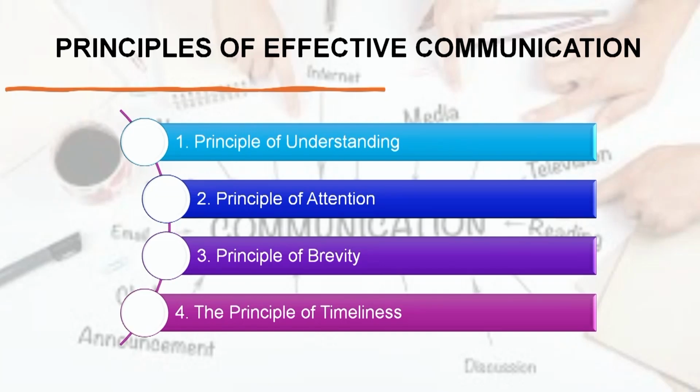Brevity of the message must not come at the cost of clarity or competence of the message. It does not mean that if you are making the message short, you have to make it confusing. You have to use the exact amount of words and sentences which are required, but it should not be lengthy just for making the communication long.